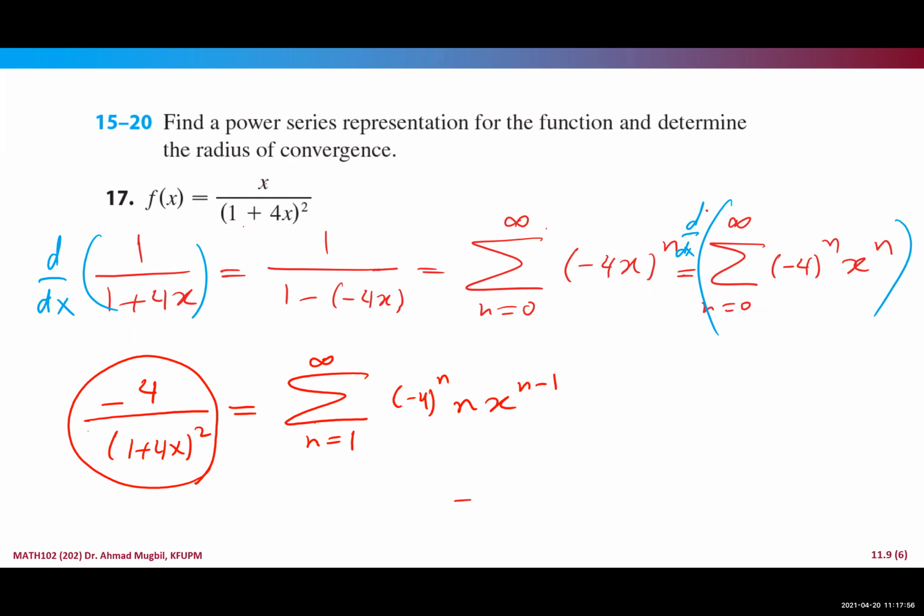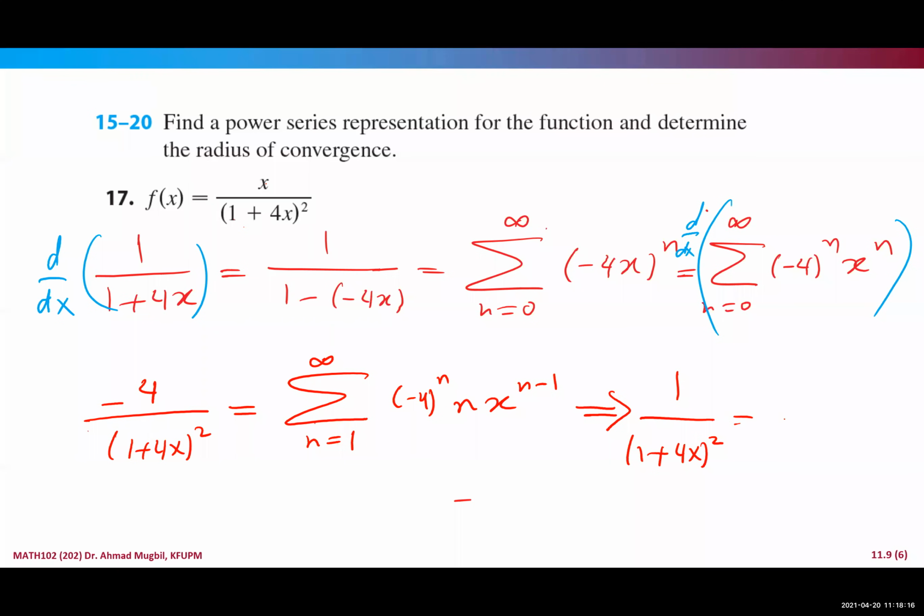Okay. Now, this is not what we want. Indeed, we want x over, but good, we have now the squared. Now, how to get x? We can multiply by what? Let me do something before. Let's divide by negative 4. Is it okay if I did that? So 1 over 1 plus 4x all squared, if I divide by negative 4, it will equal what?